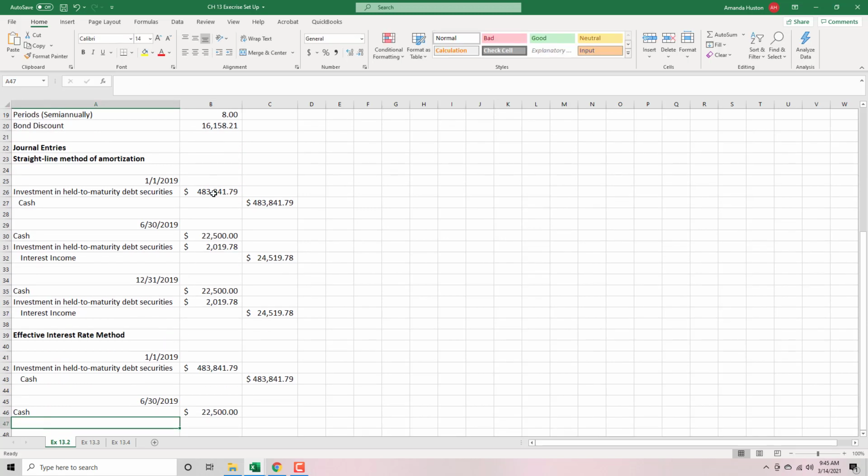So now what does change is investment in held to maturity debt security, so how we amortize the bond discount.